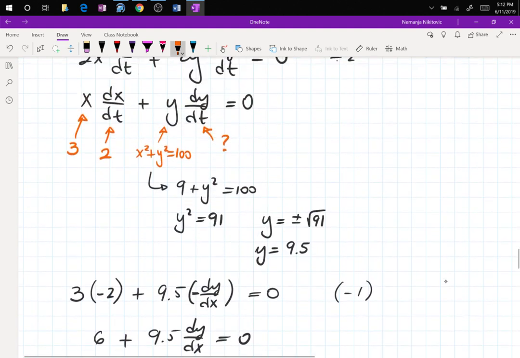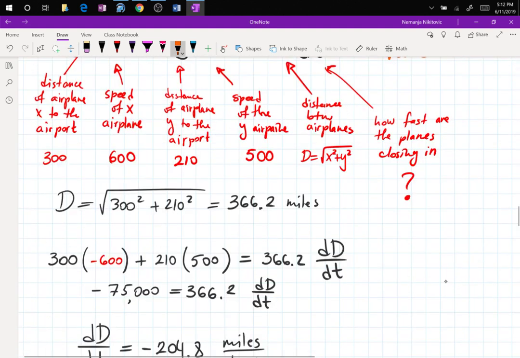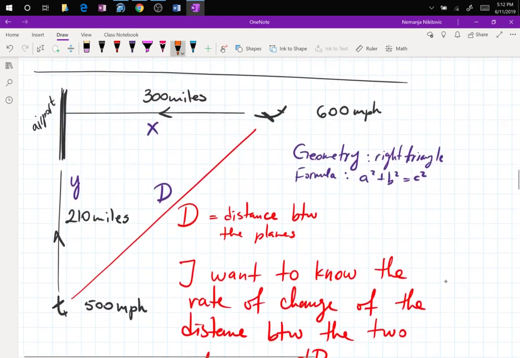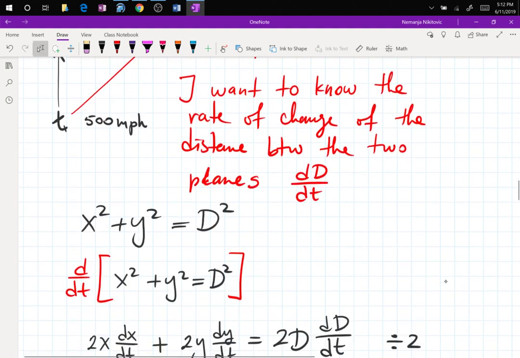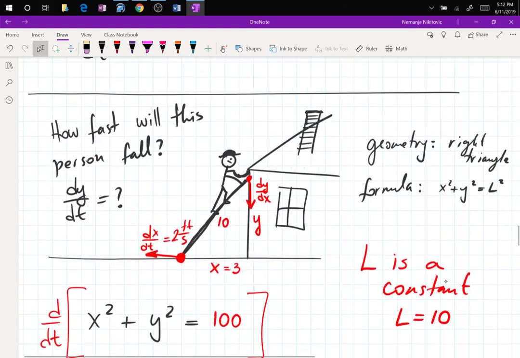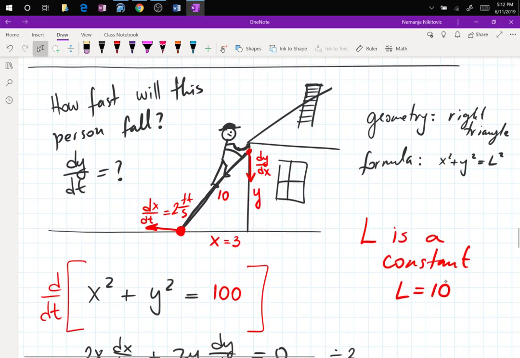So we had 3 right triangle examples, and each one was different. In the first one, the distance d between the airplane was diminishing, so d was a variable. In the next example, the length of the ladder never changes, so the hypotenuse never changes, and it was still the Pythagorean theorem, but it was a different type of problem because we had L stuck at 10 feet.